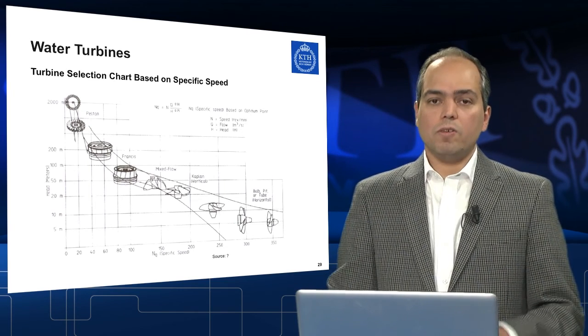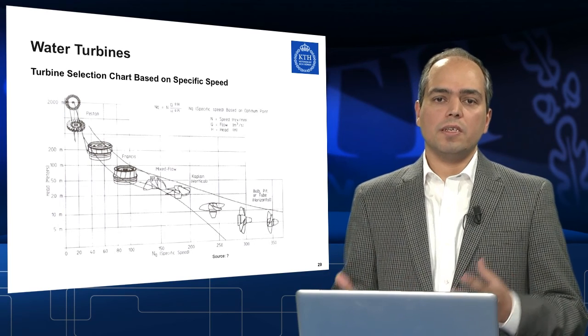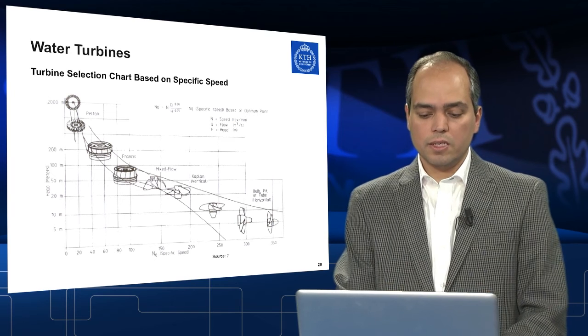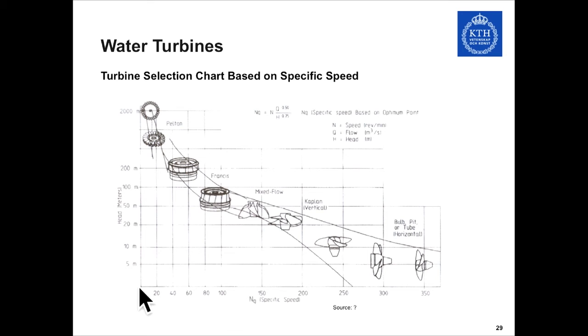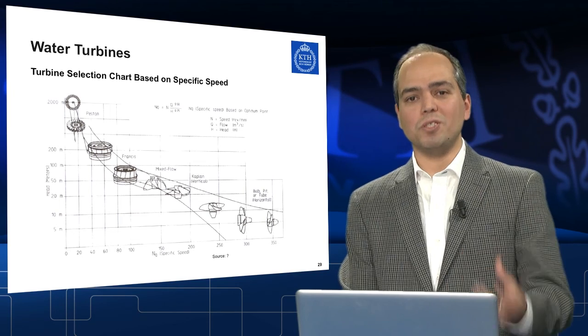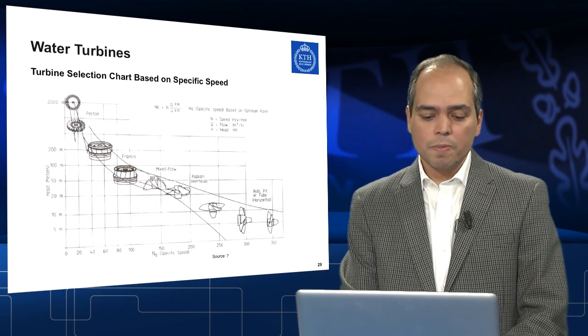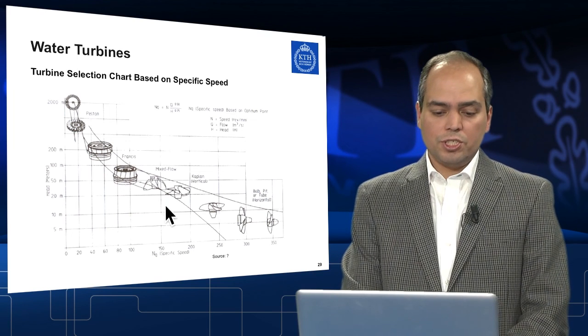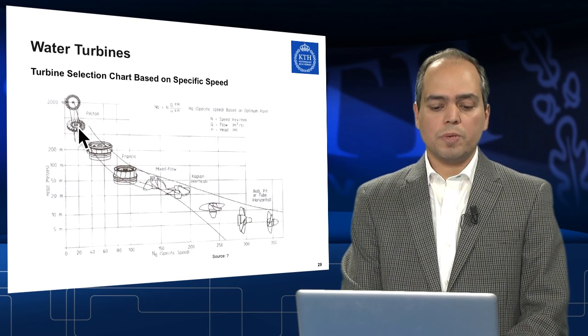And then all of this finally translates into the different turbine selection charts, as this one here. So you can see different specific speeds here. It's very important to always mention the units and the exact formula which is used for the specific speed, just to make sure whether we are talking about the dimensionless or the dimensional parameter. So here you can see the increase of the specific speed and also the changing of the turbine geometry.